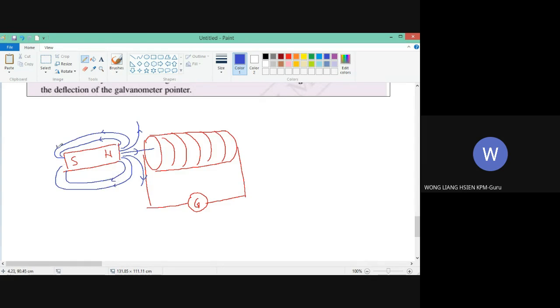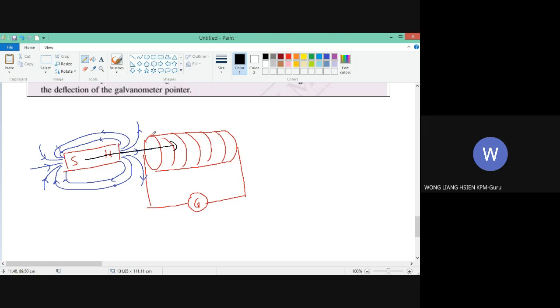It sounds more high class like that, but they mean the same thing. So you see this magnetic flux, the shape of the magnetic flux is like this. So when you push this bar magnet inside, this magnetic flux will be cut by the solenoid also, right?